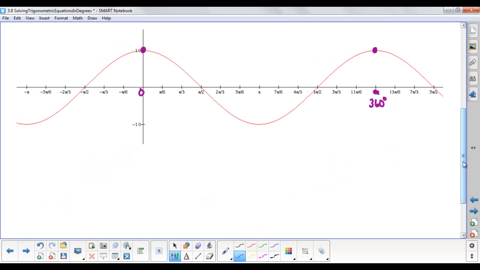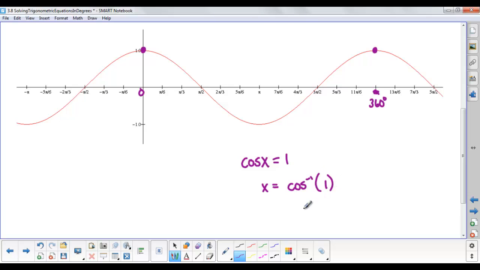One way to find your answers is to clearly take a look at the graph and see where cos equals 1. A second way is to set up your equation, cos x equals 1. Again, we're trying to find the angle x that will give us a ratio of 1. So one thing we can do is take the inverse cos of 1.